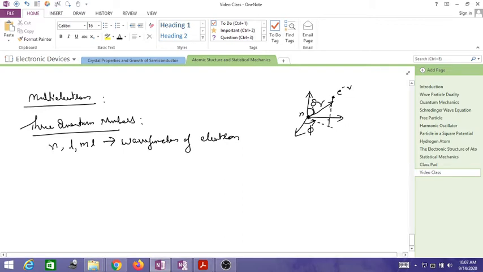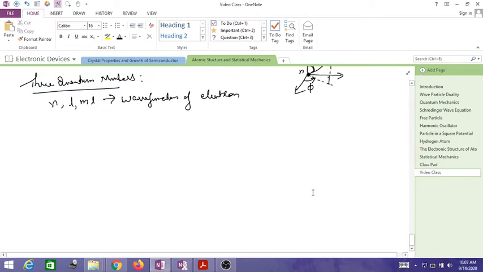Now let us talk about the first quantum number. The first quantum number we call the principal or radial quantum number, and that is represented by n.